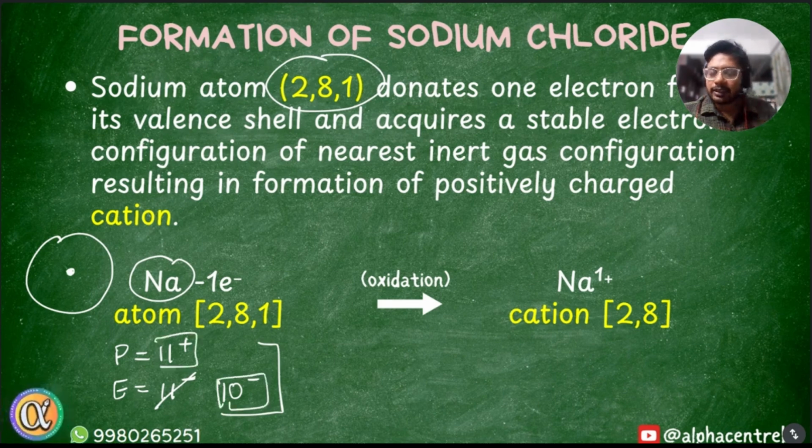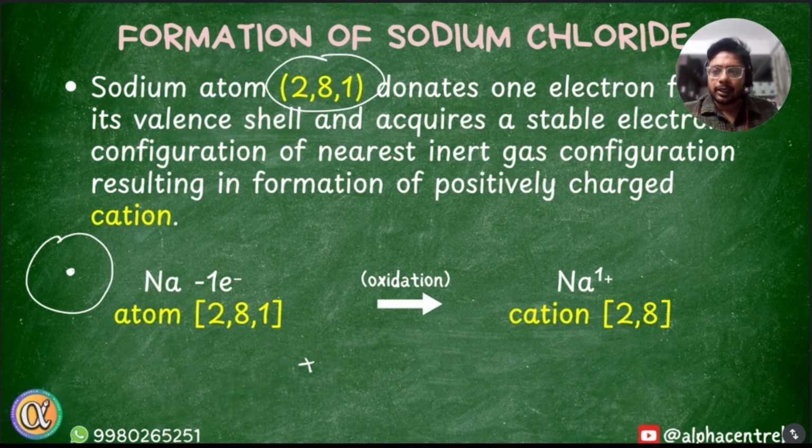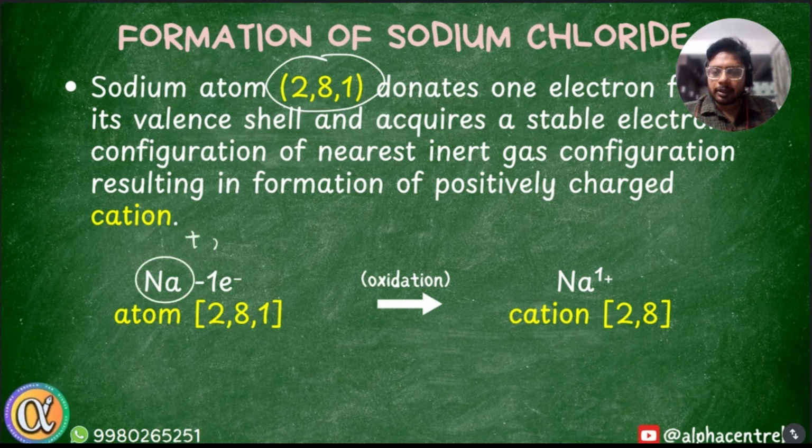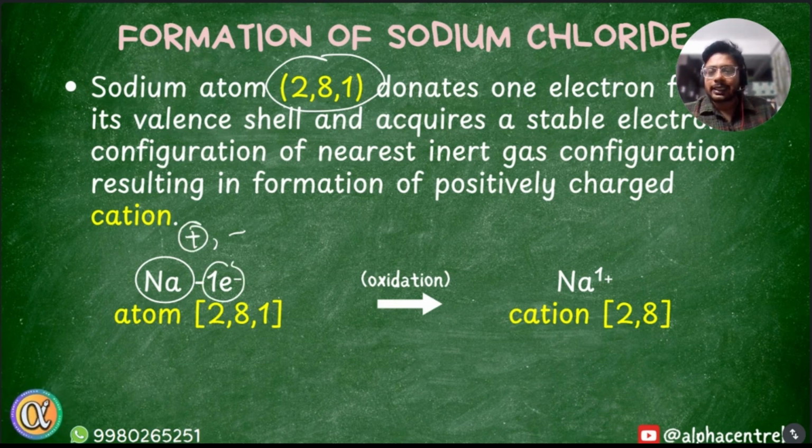Doesn't that mean a net 1 positive? Any neutral element has equal number of positive and negative charges. But if it loses some negative electron, then the positive becomes more than the number of negative. Therefore, it gains a positive charge.